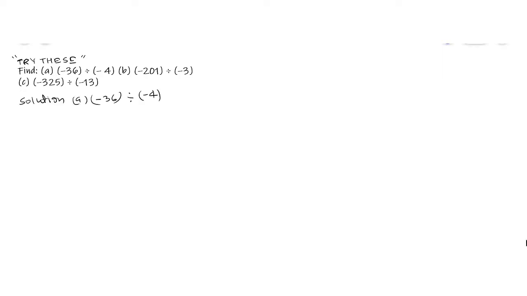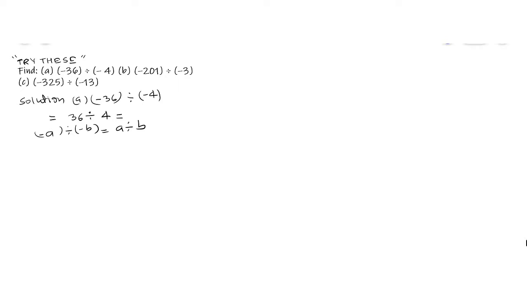Here minus 36 divided by minus 4 can be written as 36 divided by 4, because when a negative integer is divided by another negative integer, we get the quotient as a positive integer, and the property used is minus a divided by minus b equal to a divided by b.